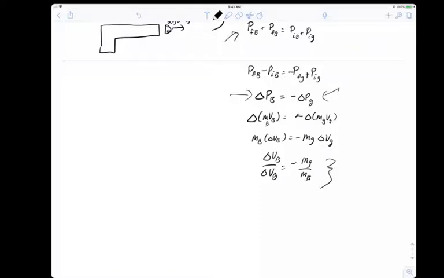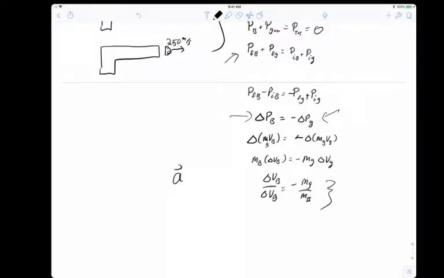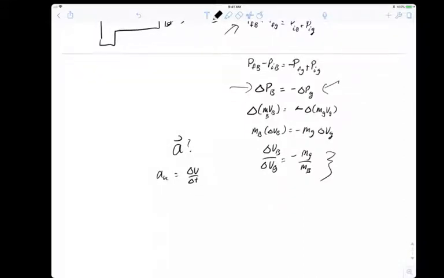Now the question's asking all about acceleration. And the average acceleration is equal to change in velocity divided by time, right? So what if I divide both sides, top and bottom of this, by delta t? Assume the change of velocity happens over a time interval.